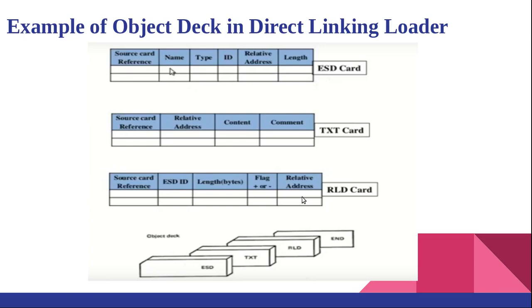So when we are loading, the content of this address may be added to or subtracted from another symbol's address. If we are adding, we mention plus. If we are subtracting, we mention hyphen. So these are the formats of the ESD card, text card and RLD card.